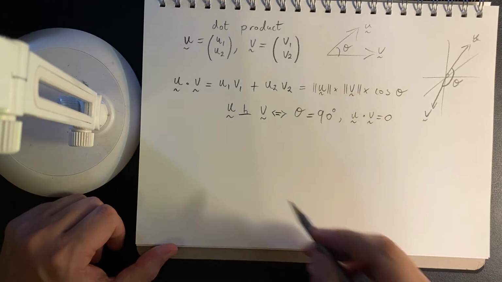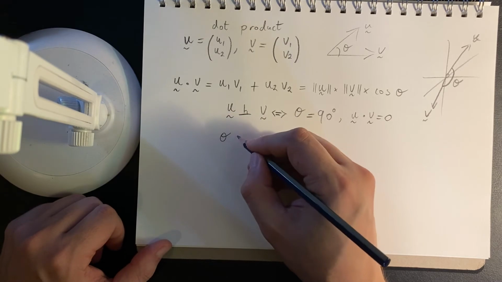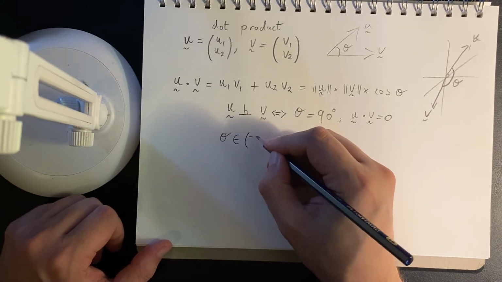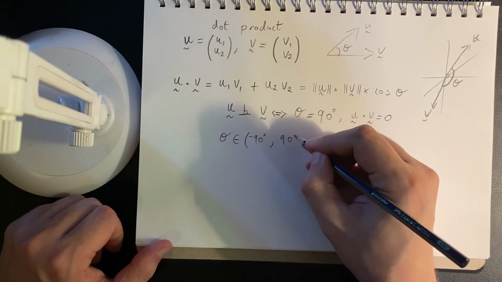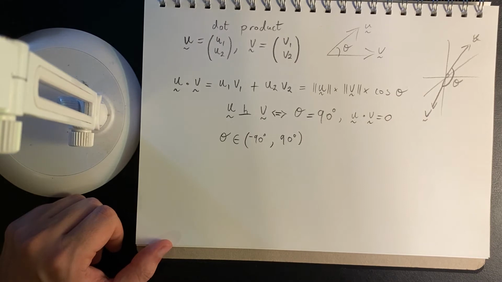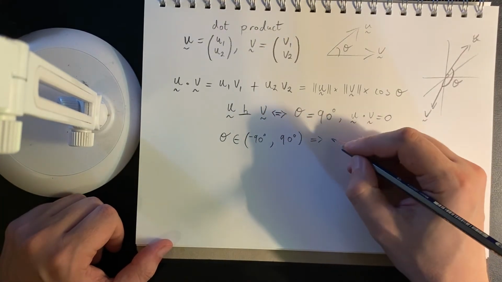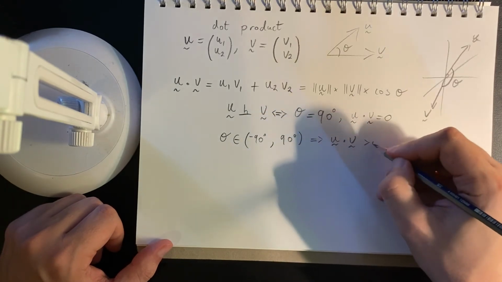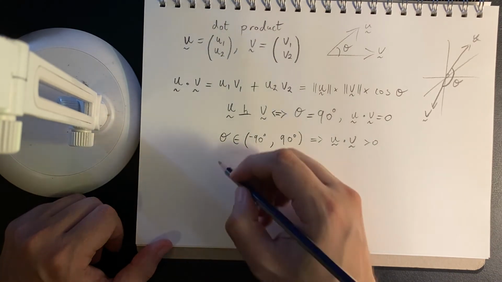Now, other cases to consider. If the angle is acute, so it's between -90 to +90, not including either endpoint, then the dot product is bigger than 0.